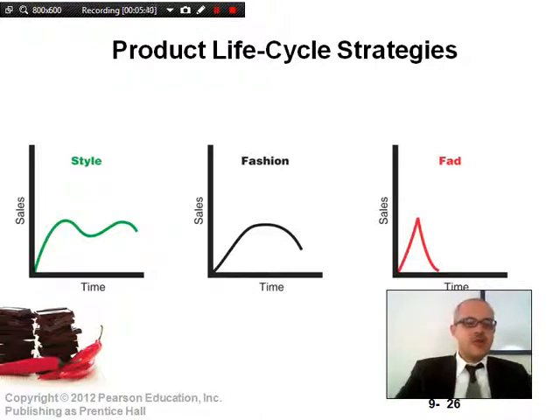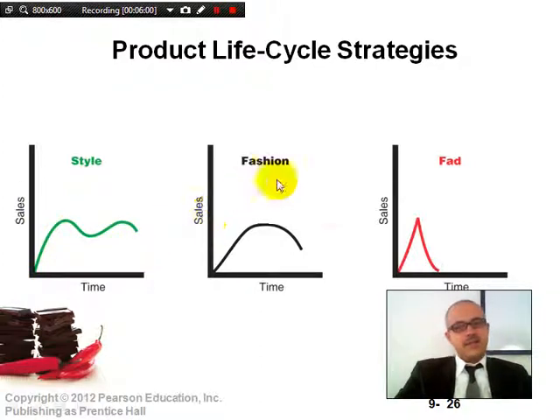Of course, the difference between a style and a fashion is that a fashion goes up and then goes out. This is a fashion these days, and then it goes. Maybe it doesn't necessarily come back again, while a style will go up and then maybe come back.